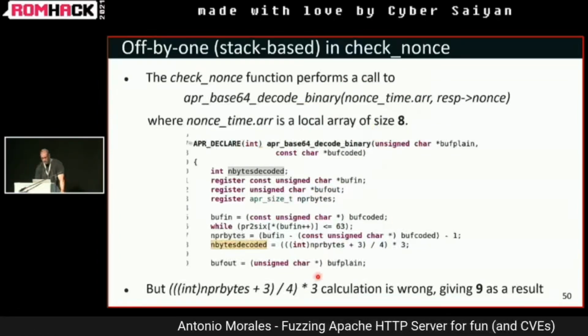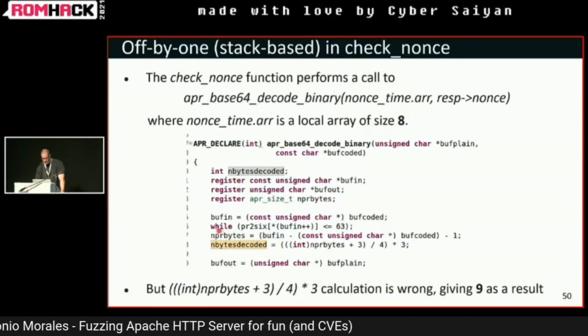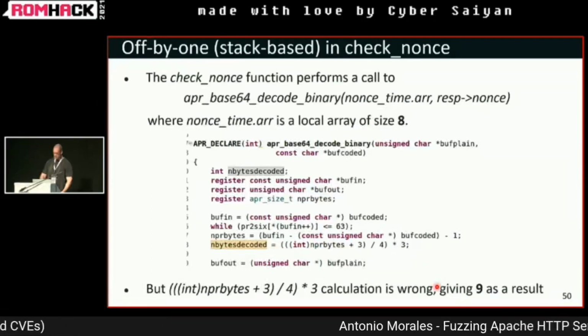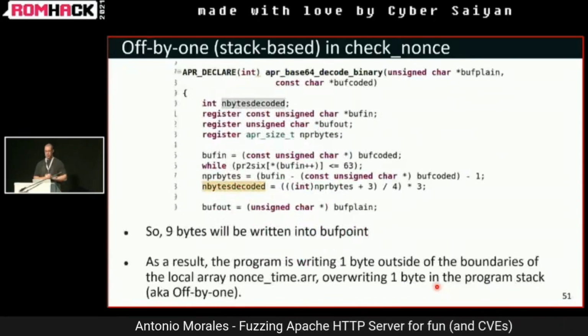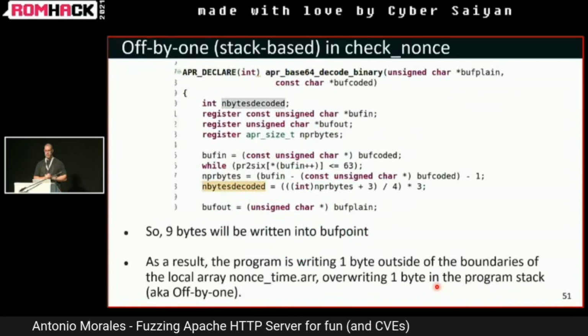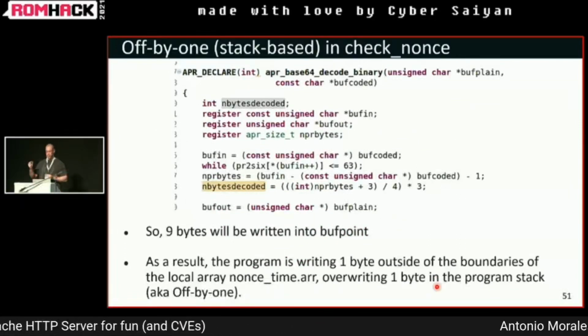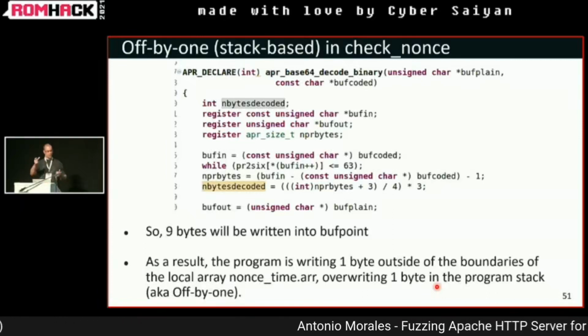But here below you can see as the calculation of the nbytes decode variable is grown, giving 9 as a result. So in this case, 9 bytes will be written into an 8 byte buffer, writing 1 byte out of the boundaries of the array in the stack.